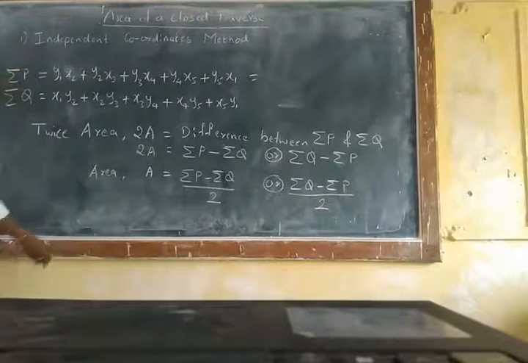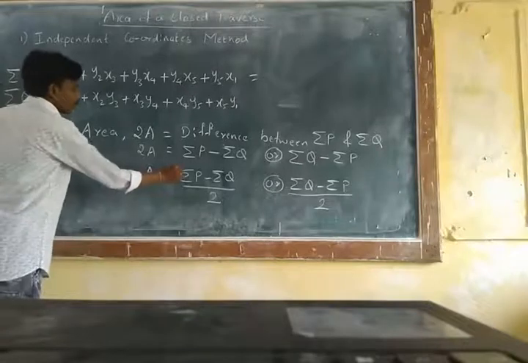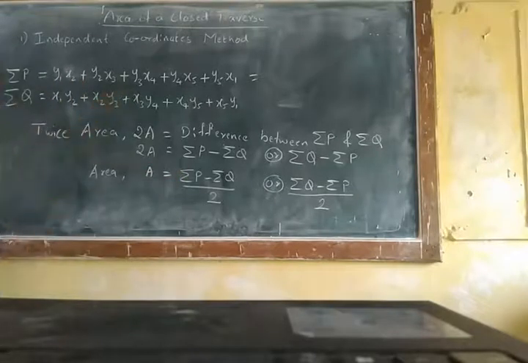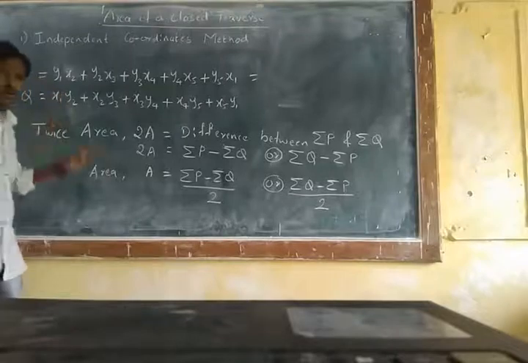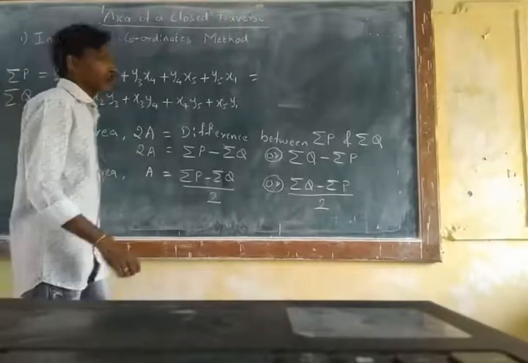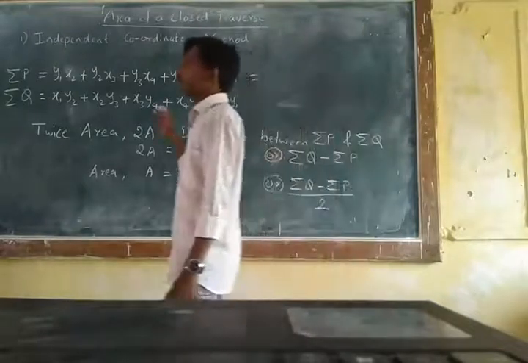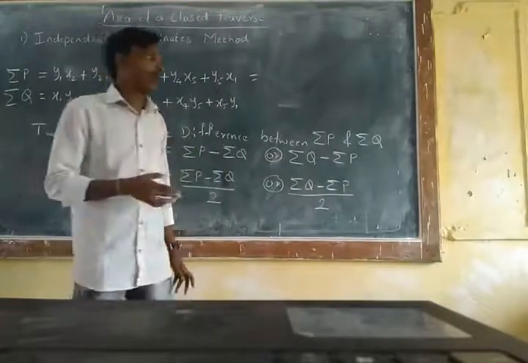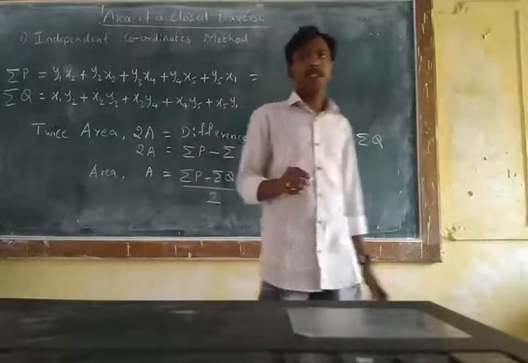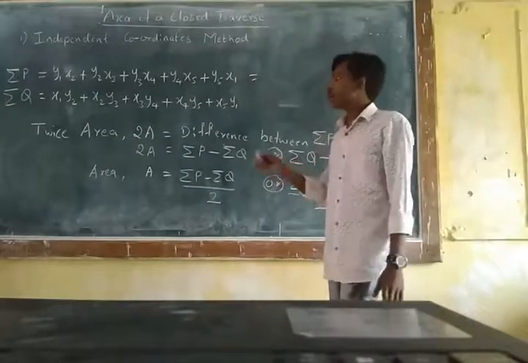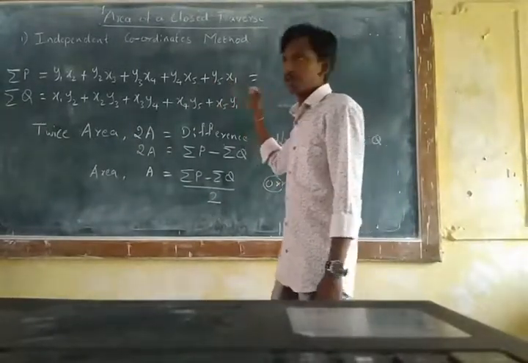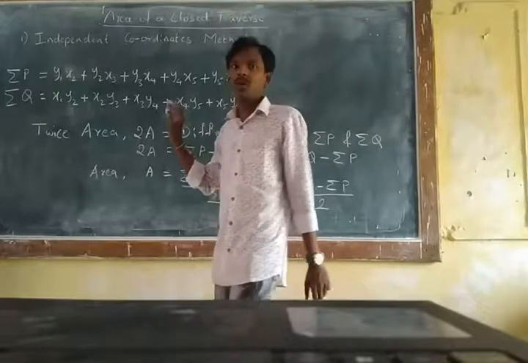So this is the formula, and these are the 2 equations to calculate summation of P and summation of Q. So you know what are y1, x2, x1, y2, all those things. So y1, y2, y3, y4, y5 and so on are the y coordinates, and x1, x2, x3, x4, x5 and so on are the x coordinates. And you have to calculate these y1, y2, y3 and so on, and x1, x2, x3 and so on.